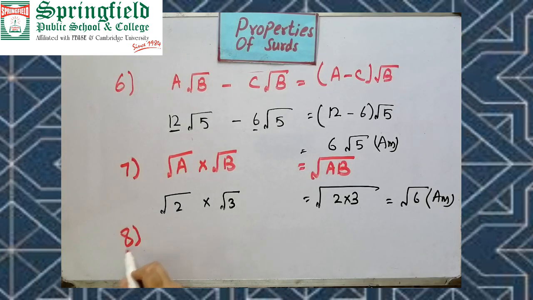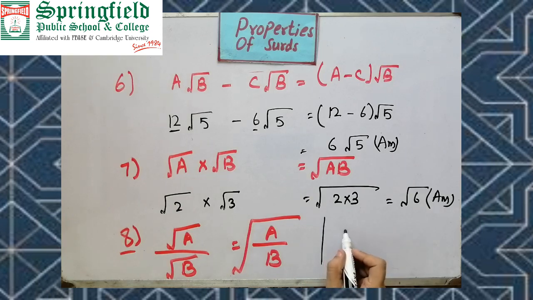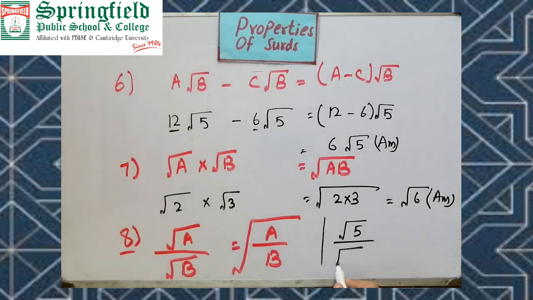And the 8th property is A third divided by B third, a division property. So it can be written as 1 third, in 1 under root, A divided by B. So for example, let one number be 5 and the other number be 11.